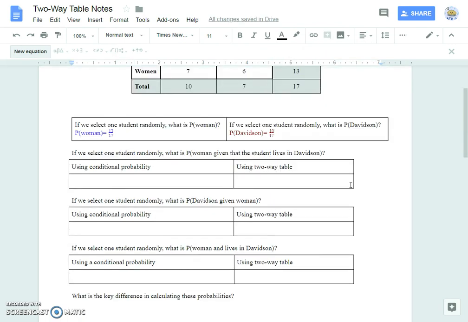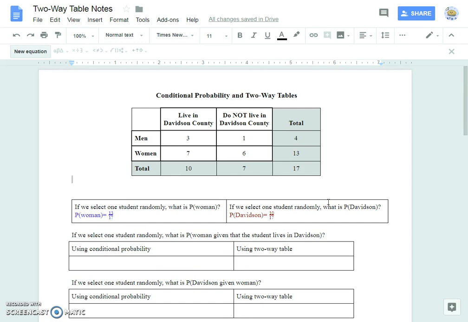So now we want to look at conditional probability. Conditional probability is what is the probability that we have something given that something else is true. So here we want to know what's the probability that we get a woman if we're selecting one student randomly, given that that student lives in Davidson.